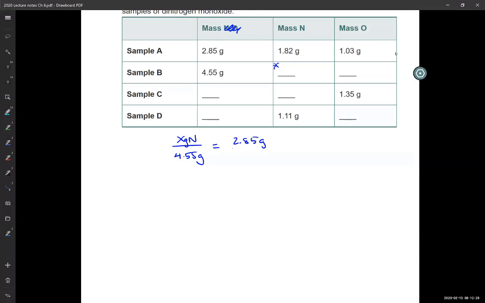So for every 1.82 grams, yeah, so I did that wrong. 4.55, gosh, sorry. 2. Nope.